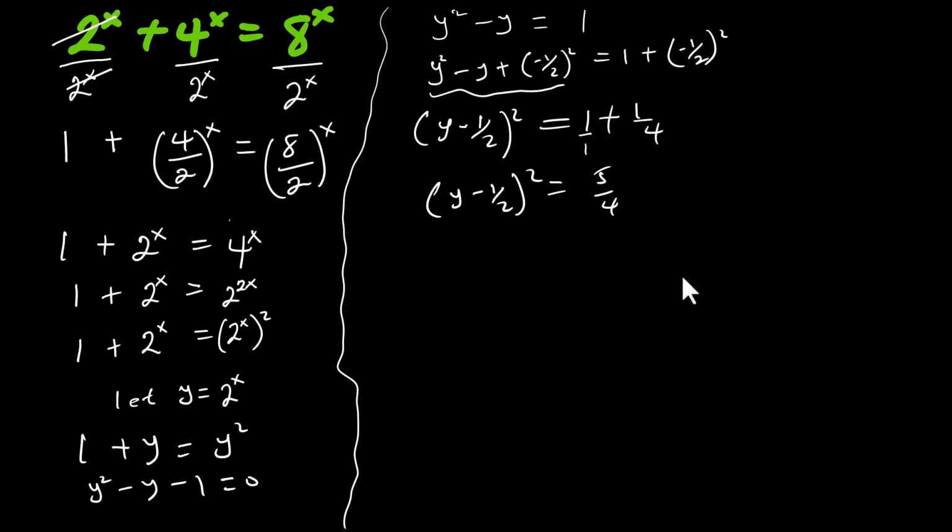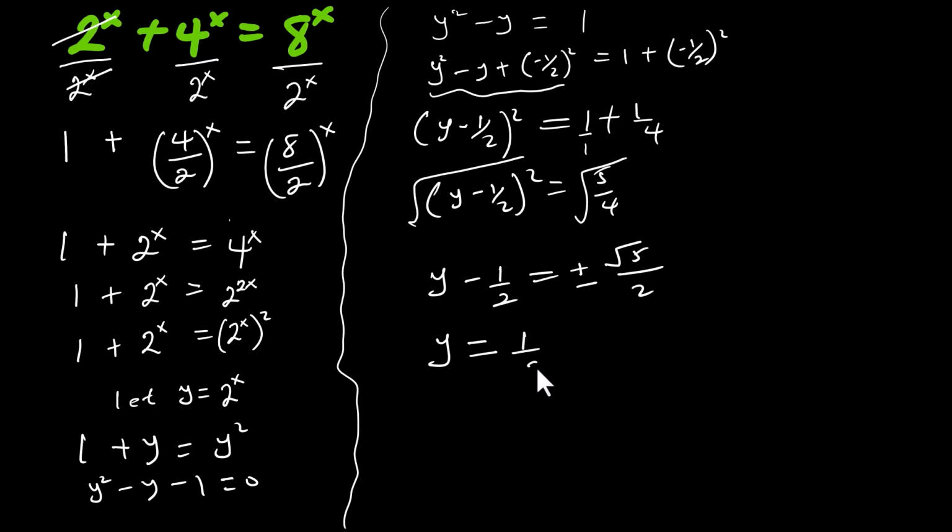We can go ahead and take the square root on both sides. So we have y minus half equals plus or minus root 5 on 2. Taking the square root of this, the numerator will be root 5, while the denominator will be 2. So y equals half plus or minus root 5 on 2, which is 1 plus or minus root 5 on 2.